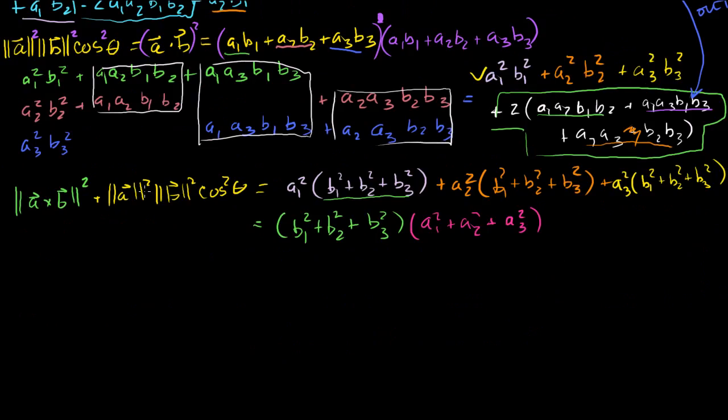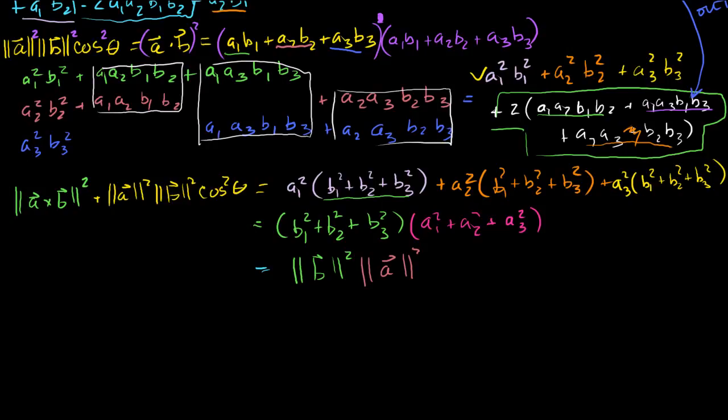So these two things are equal to each other. But what's another way I could write this? This is the same thing as b dot b, or the length of my vector b squared. And this is the length of my vector a squared. That's just a dot a.